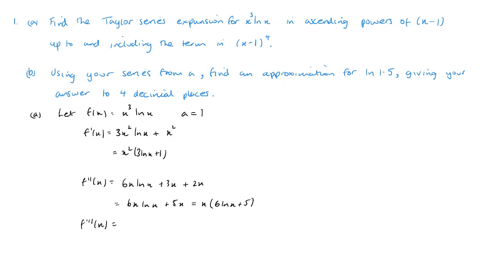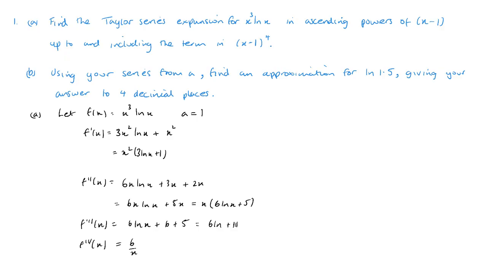Right, let's differentiate a third time. 6x differentiates to 6 ln x, plus 6x times 1 over x, which is 6, plus 5. So this is now 6 ln x plus 11. Differentiating a fourth time, it's no longer the product rule. Ln x is going to be 1 over x, so 6 over x, and the 11 disappears.